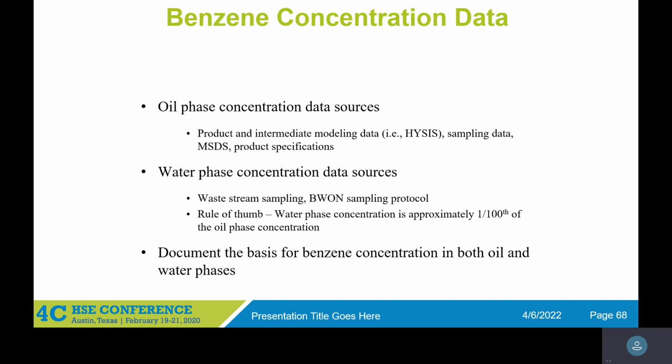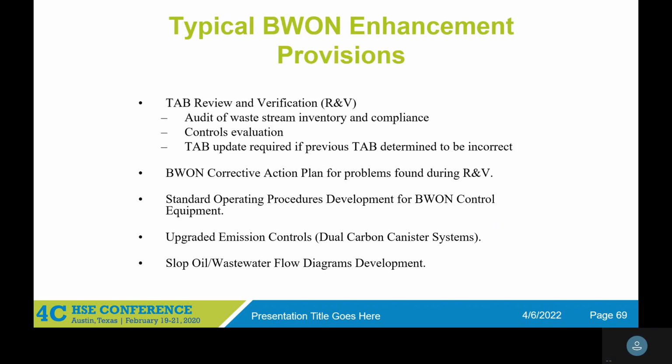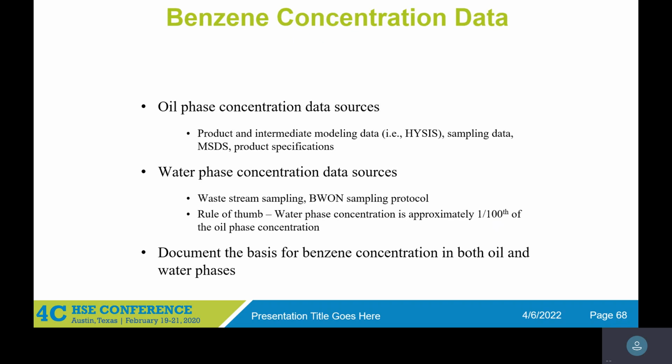And again, you can get oil concentration data from modeling, from MSDS, from sampling itself, the water concentration. Two, you can use a rule of thumb. I think I said all of this. Okay, so far, any questions?